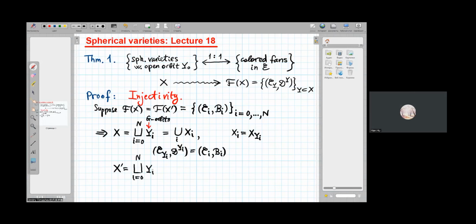Now let me denote them by Y sub I prime, or equivalently, it is the union of simple embeddings Xi prime, where this Xi prime is the same as X sub Yi prime.